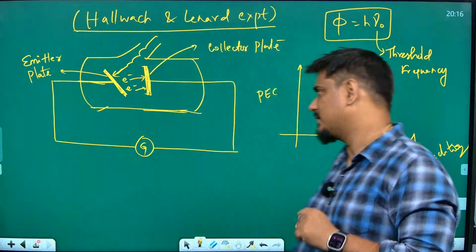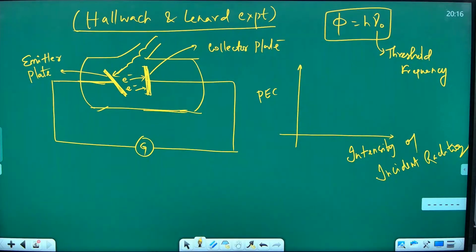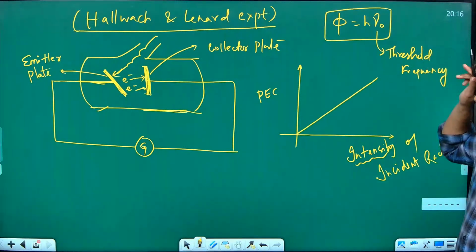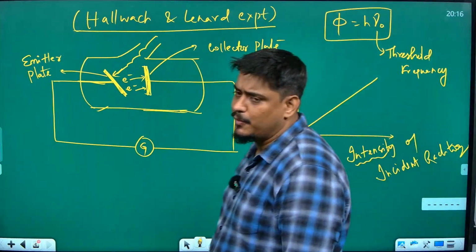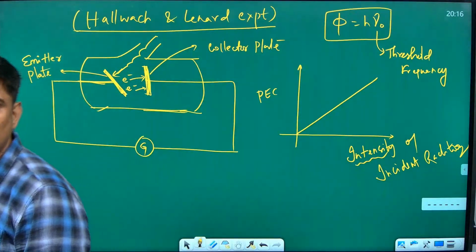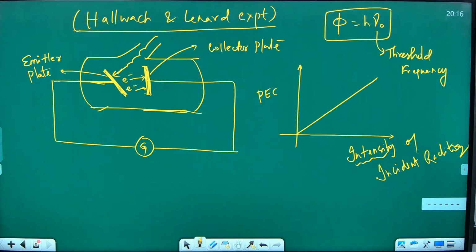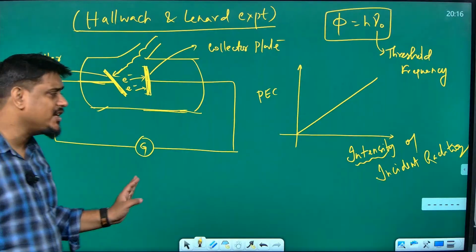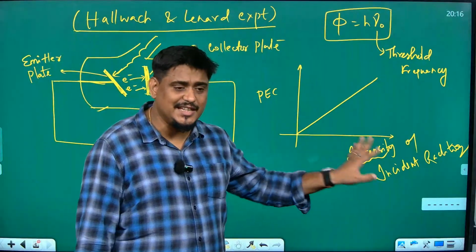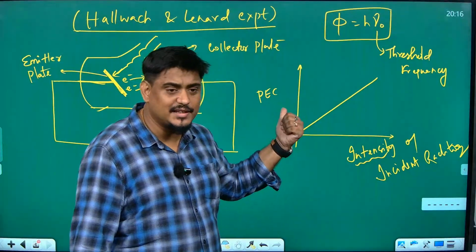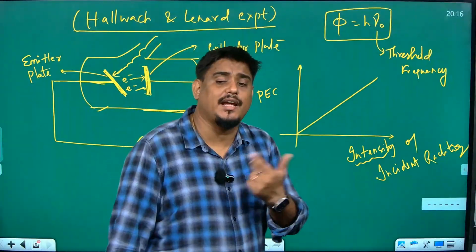Okay, coming back. For a particular frequency which is more than the threshold frequency, if I keep on changing the intensity of the incident radiation, we observed that the graph is a directly proportional straight line, which says that as the intensity of incident radiation is increased, photoelectric current is increasing. When can the photoelectric current increase?